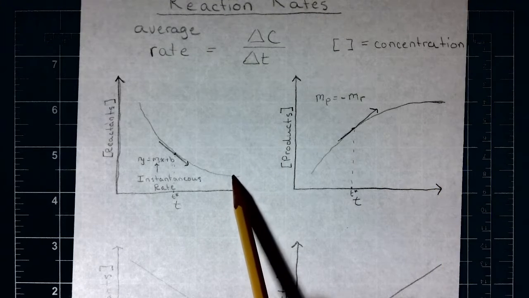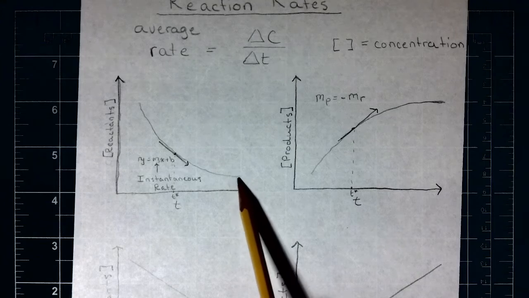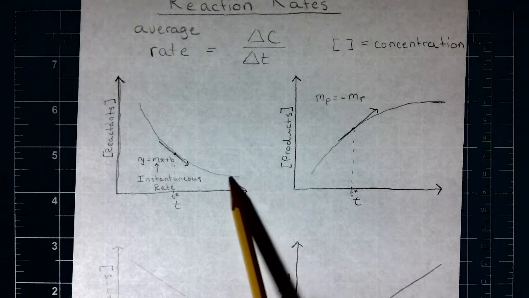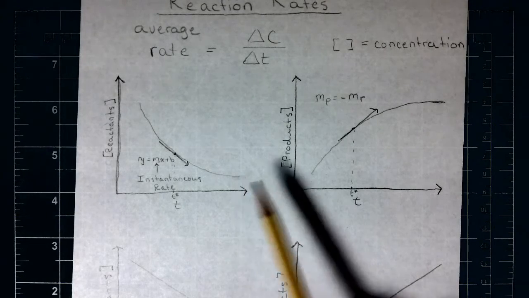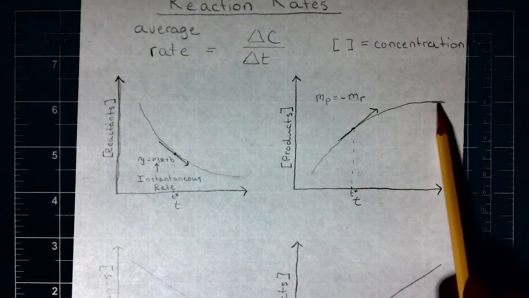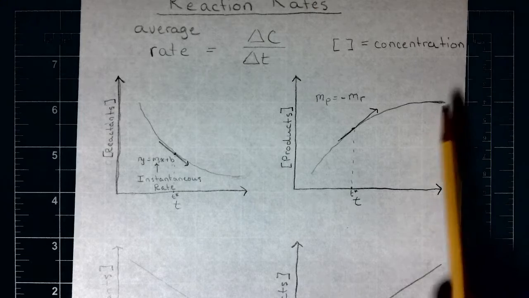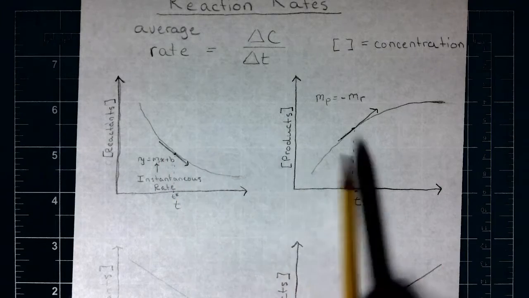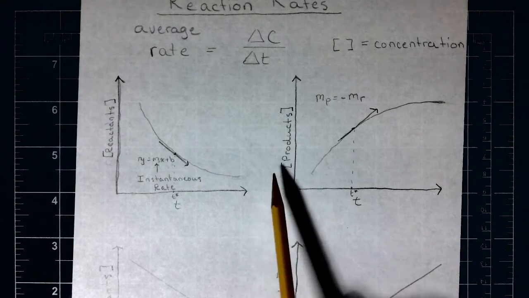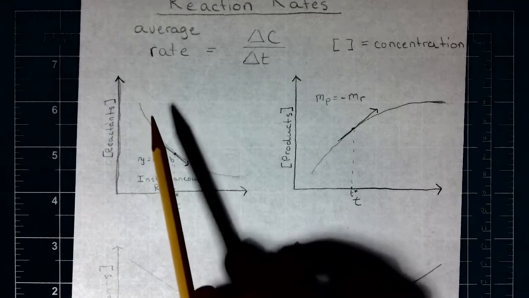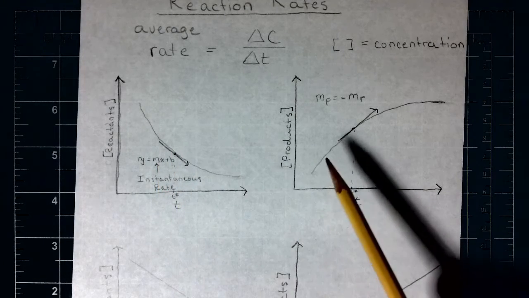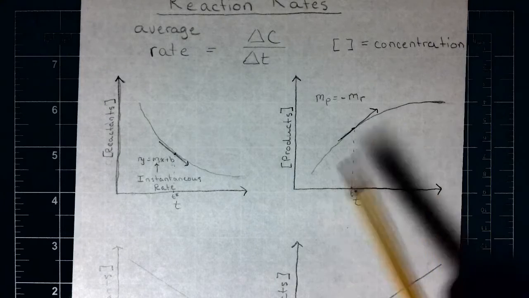Eventually this comes to some sort of steady state where we stop consuming reactants, and eventually the products come to some sort of steady state up here. And you can see that these two graphs are going to be kind of opposite one another, right? That as a reactant is consumed, a product is formed.